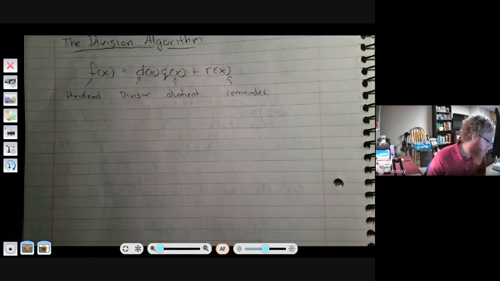There are some advantages of this over the synthetic division. Sometimes it's situational, but we'll continue with this tomorrow. Any questions?